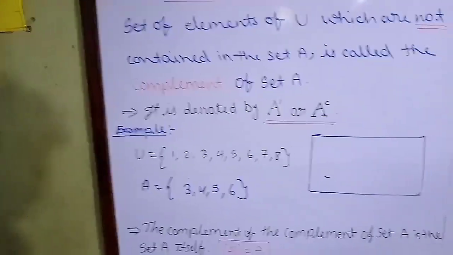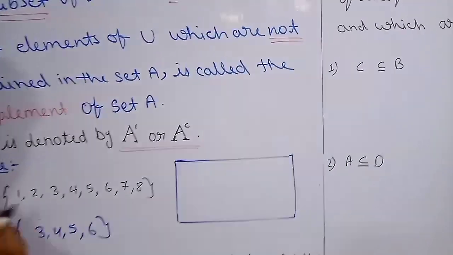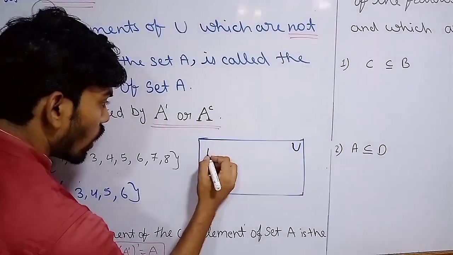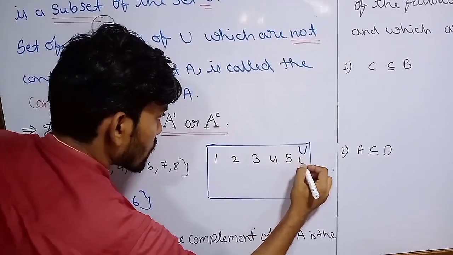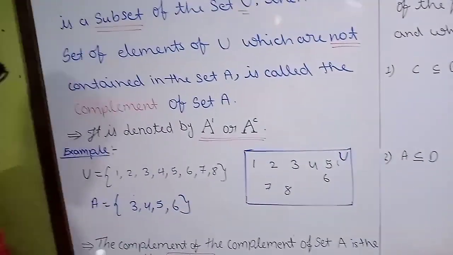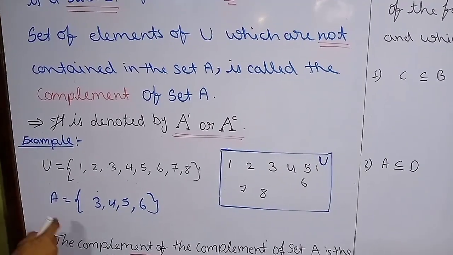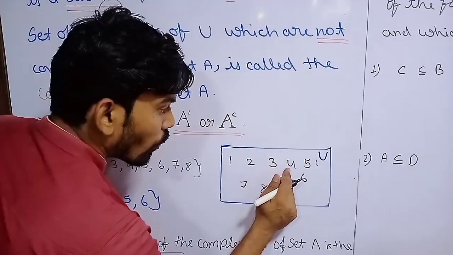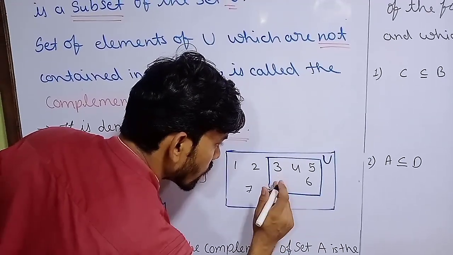We have to understand with the help of a diagram. The rectangle is our universal set, and we write 1, 2, 3, 4, 5, 6, 7, 8 in it. The second is set A: 3, 4, 5, 6. Can we say this is a set?